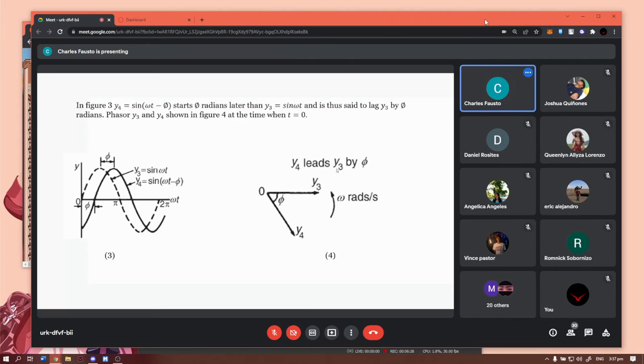No? So, kaya yung pag nauna, sabi nga, yung y sub 3, before niya ma-reach yung kanyang maximum, nauuna yung nag-lead siya sa y sub 4 by p radians.